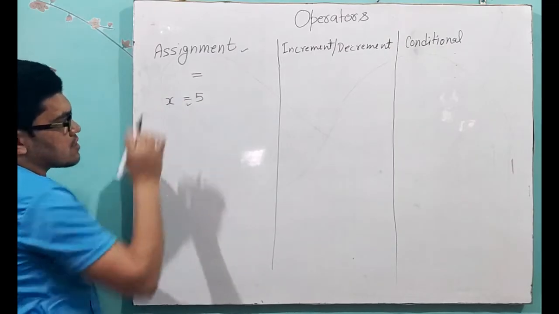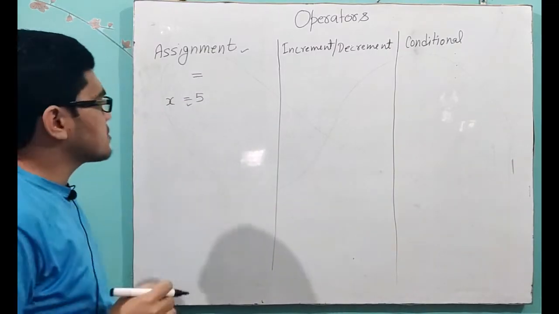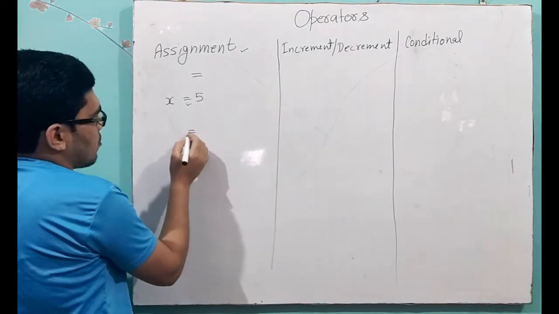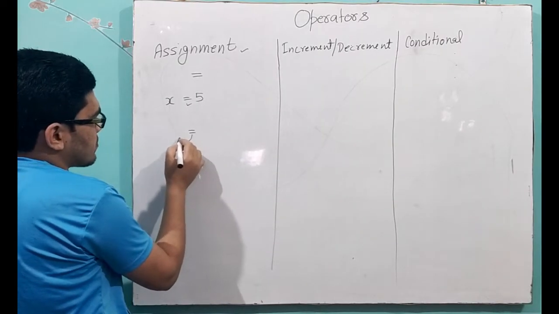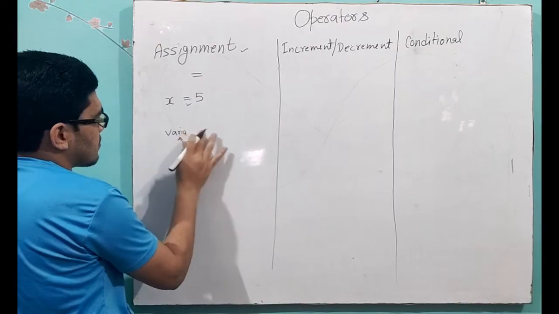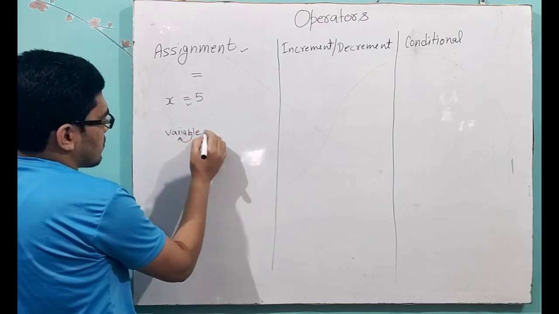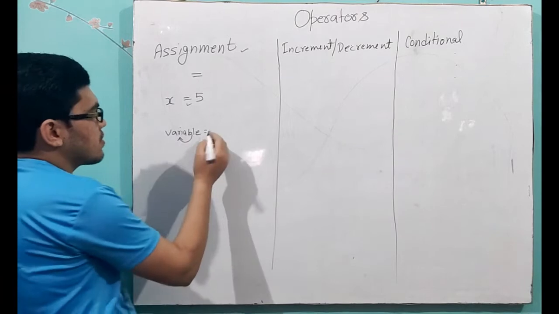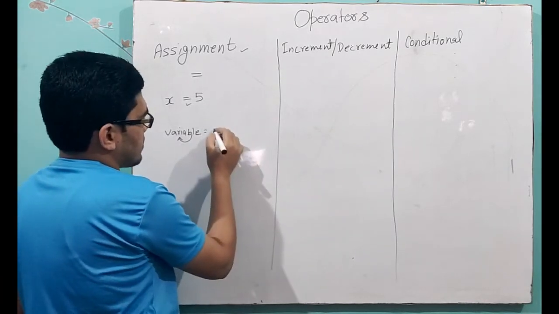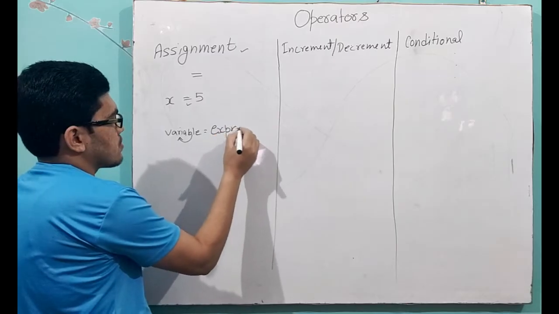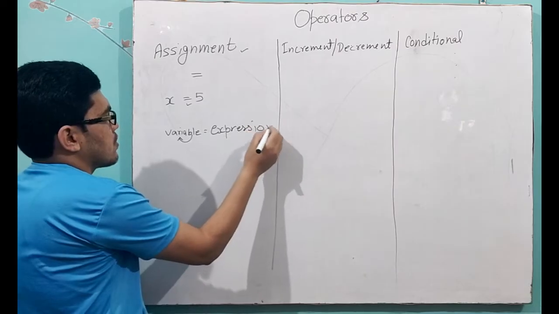Whenever you use this assignment operator, you must remember some rules. On the left side of the assignment operator there should be a variable, and on the right side there can be an expression.